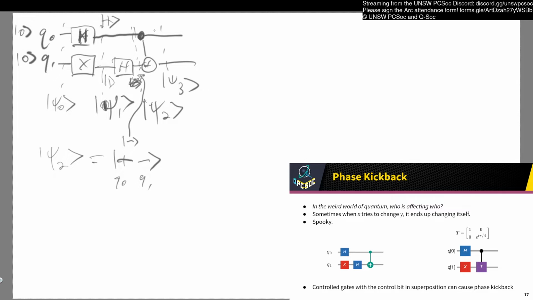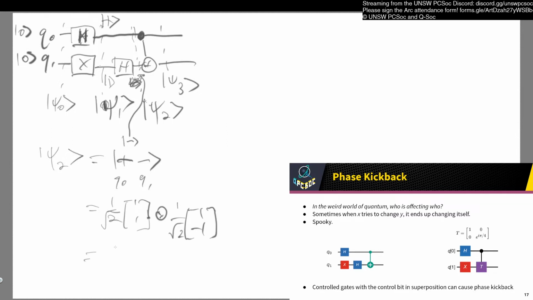Now it's a C0. Remember what a C0 is? It only flips Q1 when Q0 is equal to 1. So we need to write in density vector format. This will be 1 on root 2, 1, 1, tensor with 1 on root 2, 1, minus 1.